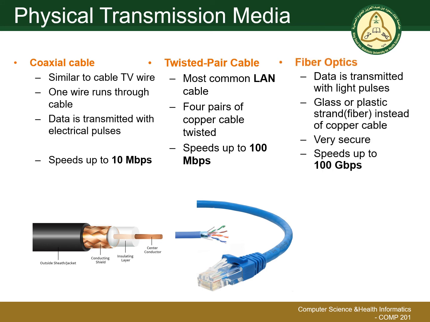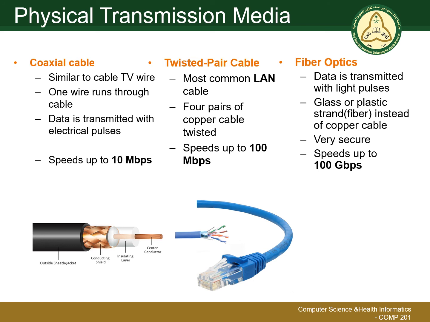The third one is fiber optics. Fiber optics is considered the best among those three. Data is transmitted with light pulses, not electrical pulses. It basically consists of a glass or plastic strand fiber instead of copper cable.